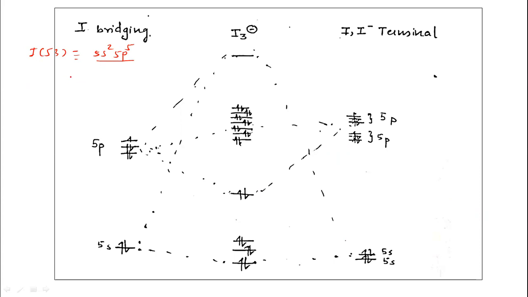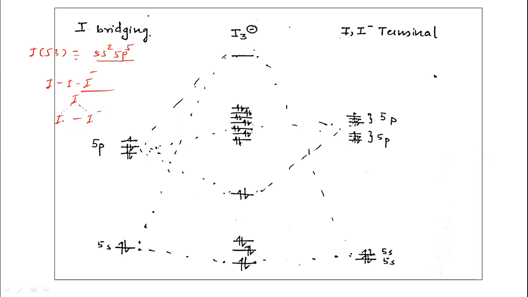Then for the triiodide ion, there should be a terminal iodine and an iodide ion. It is I3 minus, so we can represent it like this, I minus, which is terminal, or we can represent it like this also, with formation of the bridge.